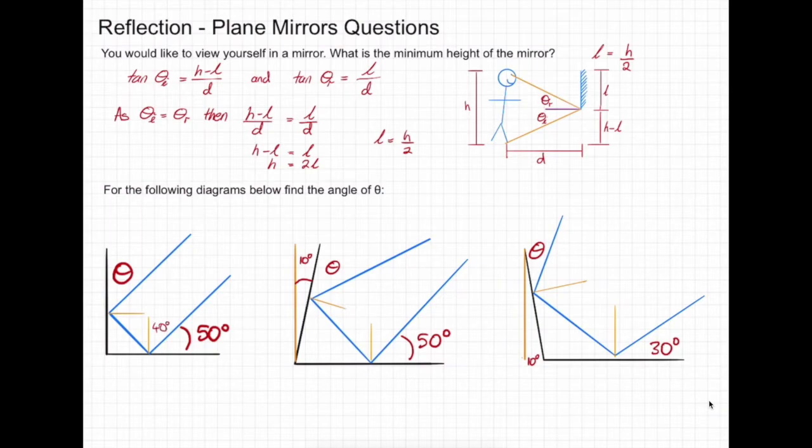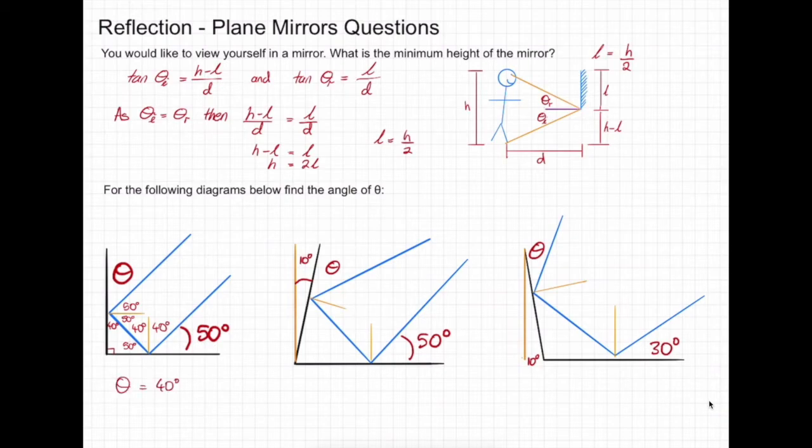We know that the angle of incidence is equal to the angle of reflection, so the other side must also be 40. Then we can fill out the other side, which gives us 50 degrees. Now this triangle here in the corner is a right angle triangle. This means that our other side must be 40 degrees. This means that the other side of this angle must be 50, which gives us 50 in here, and this means that our angle theta is going to be equal to 40 degrees.